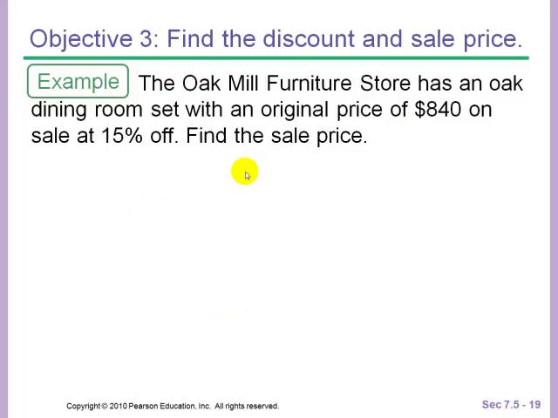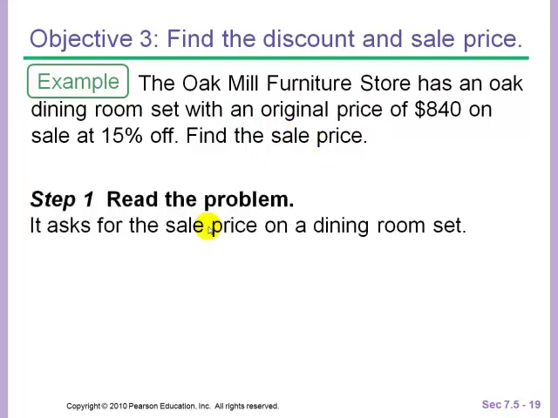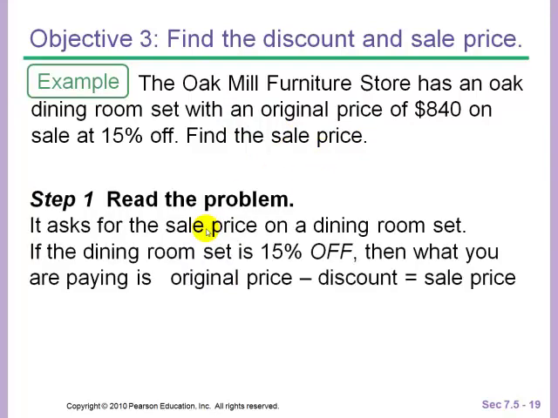However, there's another way you could have done this problem. Since our ultimate goal is to find the sale price, we can jump ahead and think, okay, if the dining room set is 15% off, then what you are paying, our original price minus discount, in terms of percents, the original price is 100%. If there was no sale going on, you'd pay 100% of the price.